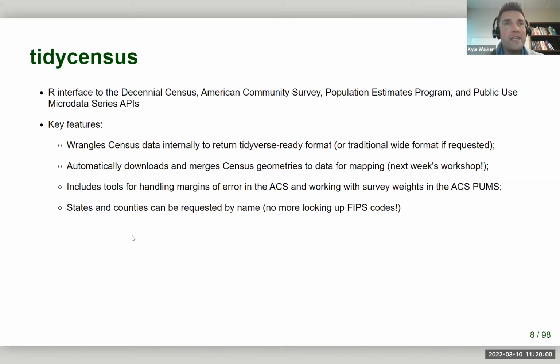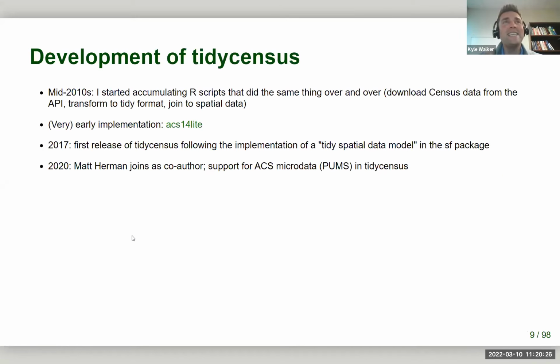And one of my favorite features since I first started writing this package, I could never remember the FIPS codes of any location that I wanted. I can basically now remember Texas is 48 and Alabama is 1, and that's pretty much it. But with Tidycensus, you don't need to put in the FIPS code of a state or a county. You can actually request it by name. So with respect to the history of Tidycensus, it's one of those interesting things.